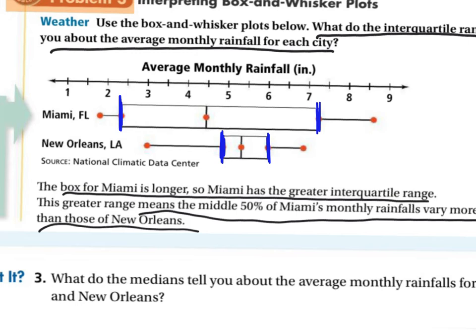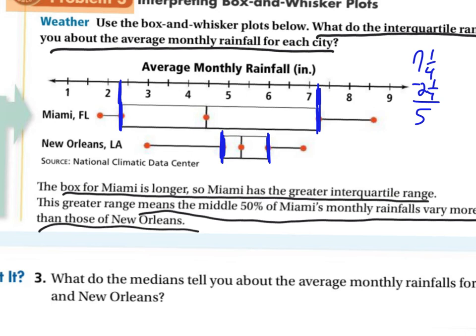It's hard to exactly tell for Miami what that number is there and what that number is there. Maybe it's 2 1/4 and 7 1/4. If that was the case, again, I don't know that for sure, but if that was the case, that interquartile range would be 5. What that tells us is each section's 25%. So 50% of the time, there's a range of 5 inches for the monthly rainfall in Miami.